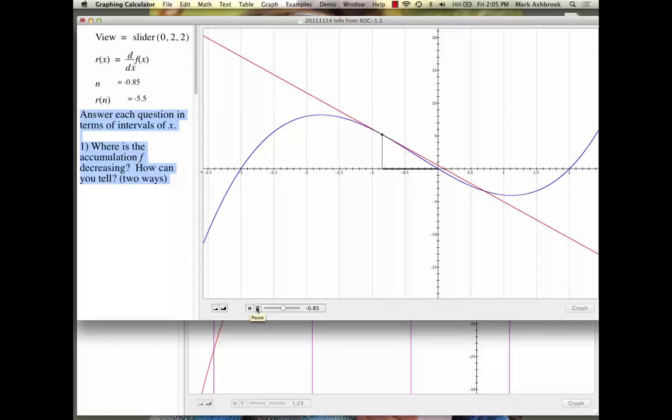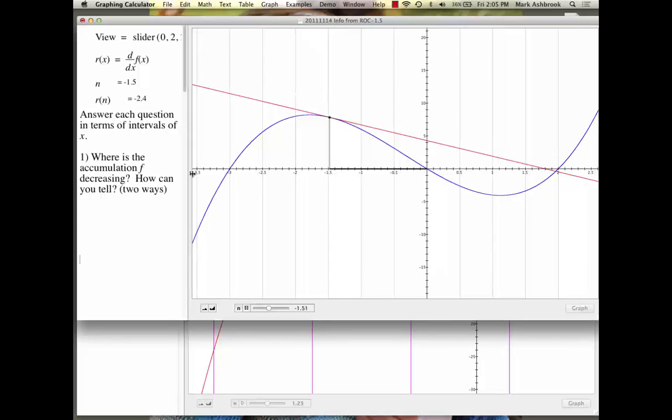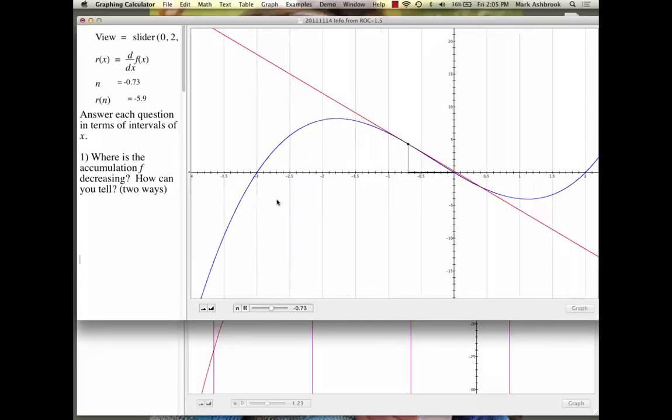So if you're thinking about how the rate of change is changing, you're thinking about how the slope of that line is changing. Where is the accumulation decreasing between -4 and 2, and how can you determine that in two different ways? Go, talk about that.